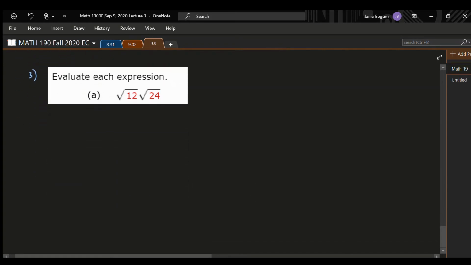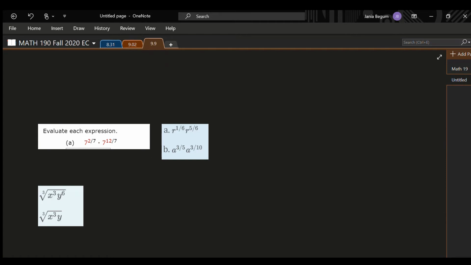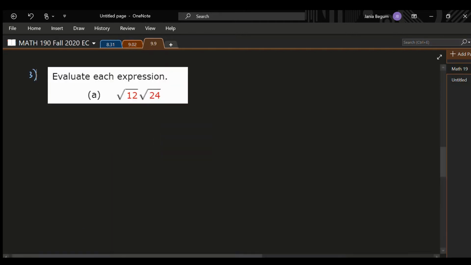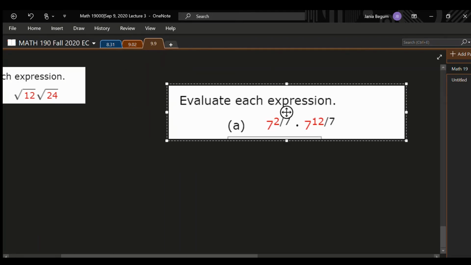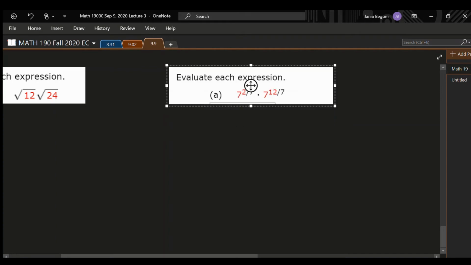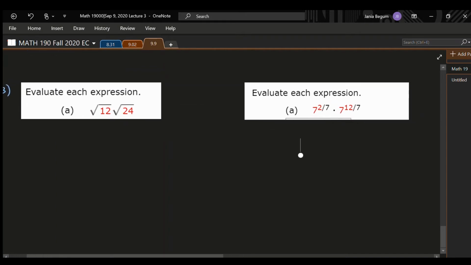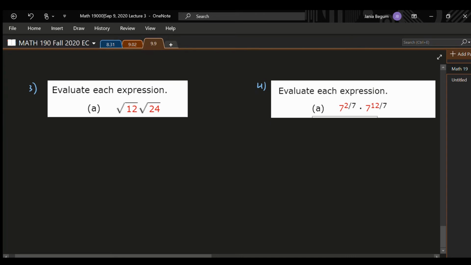And just one more. So let's do 3 and 4. I'll give you guys 2 minutes to work on these, and then we'll start.